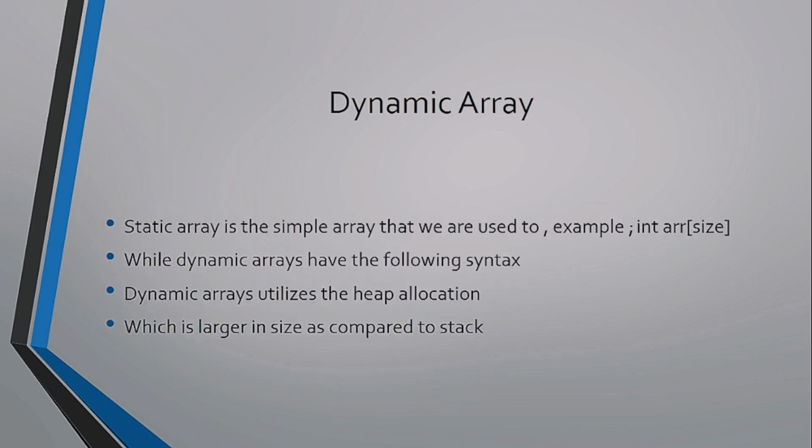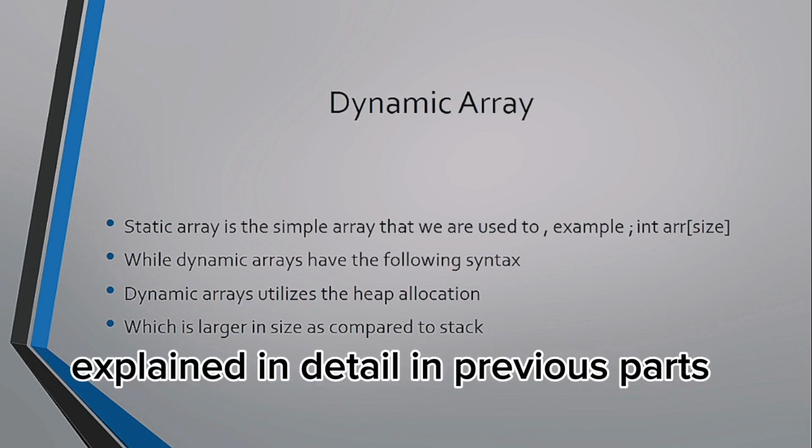A static array is the simple array that we are used to, for example, an integer array with a fixed size. We have performed multiple tasks on this kind of array. So what is a dynamic array? We already learned about heap and stack memory allocation and the difference between them.